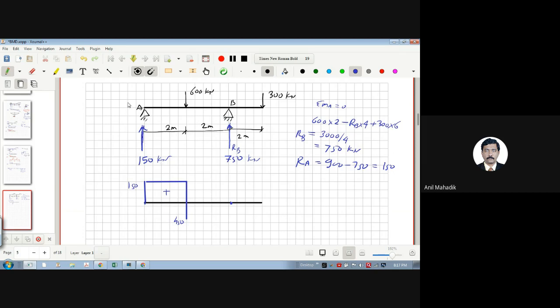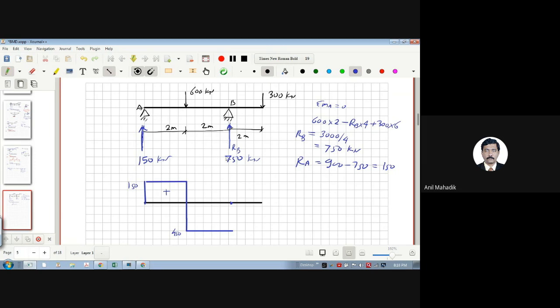Let me draw it a little bigger, just to scale. This is my 450, and then till this point it will be the same, constant. Then what will the shear force be just to the right of the support? 150 minus 600 is minus 450 plus 750.